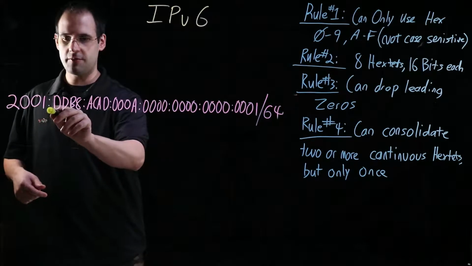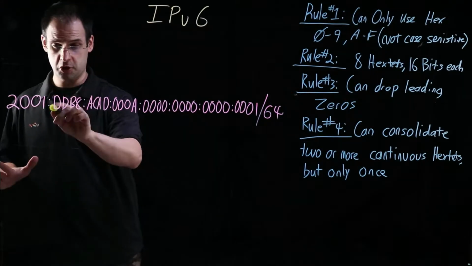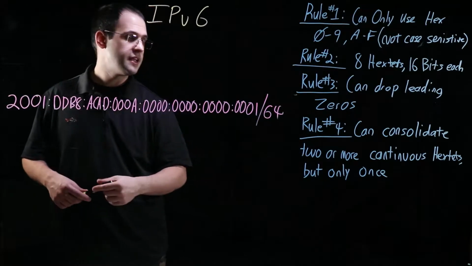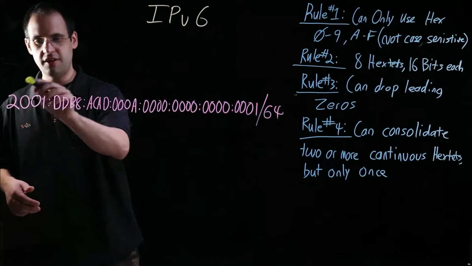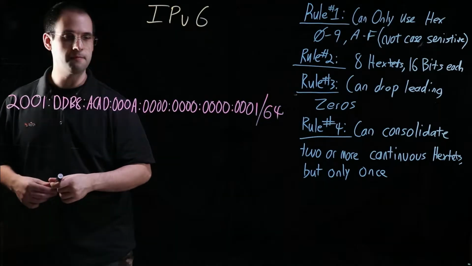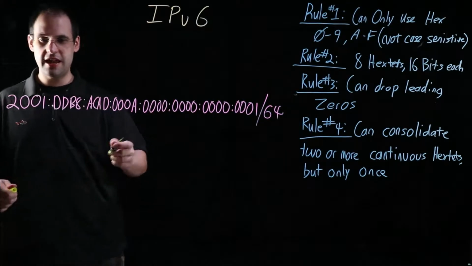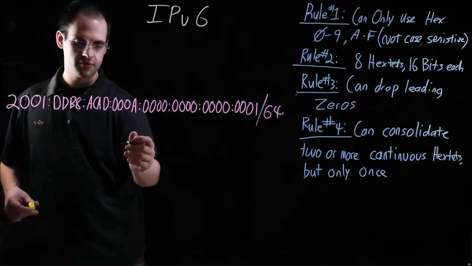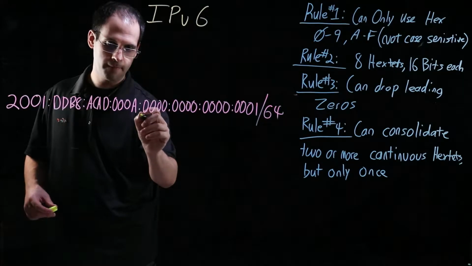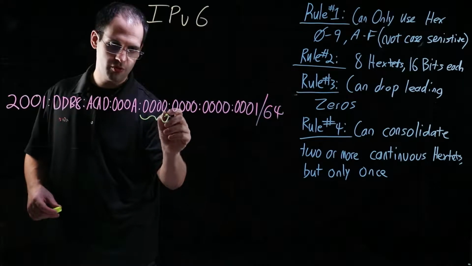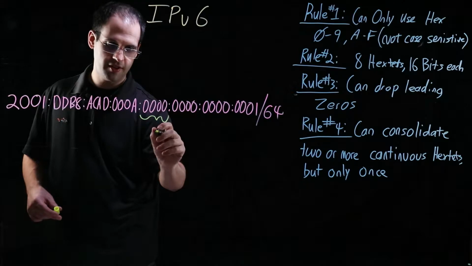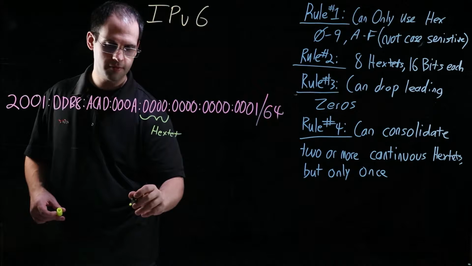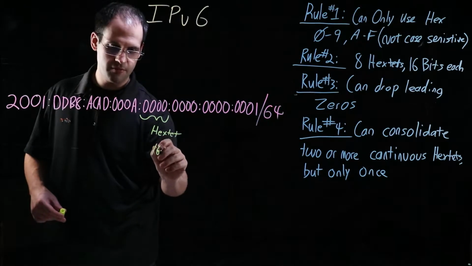We're not using dots anymore, we're using colons, not semicolons, but colons. So 1, 2, 3, 4, 5, 6, 7, 8. Each of these 8 is referred to as a hextet. Any one of these, if I just grab this one here, each and every one of these is one hextet, and each of them is 16 bits.